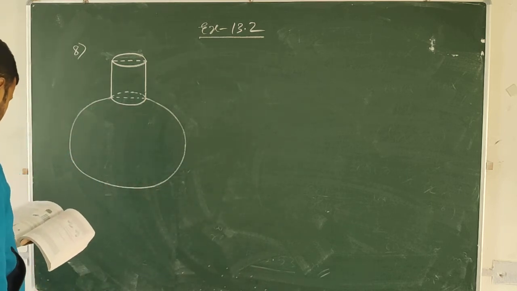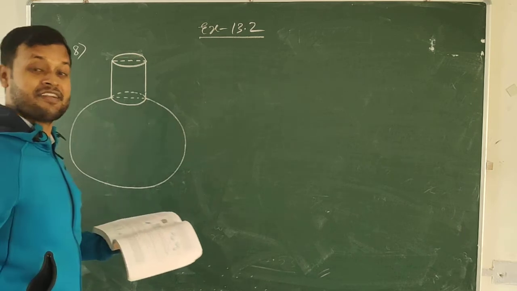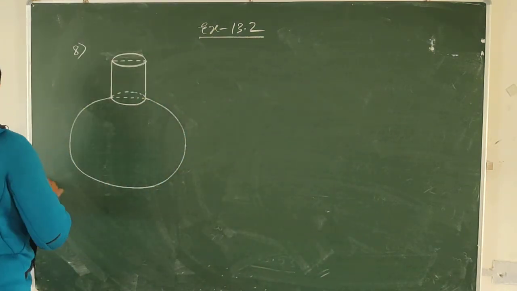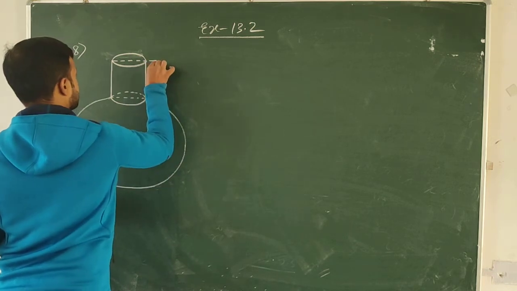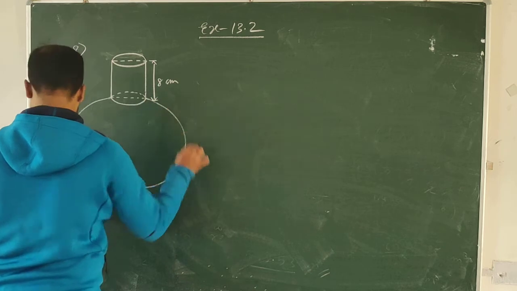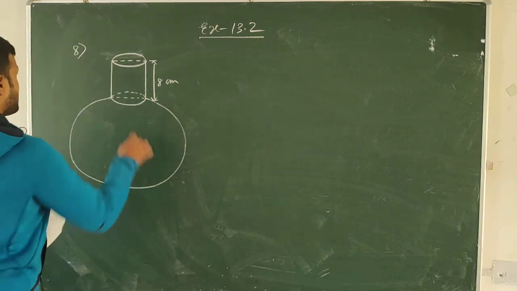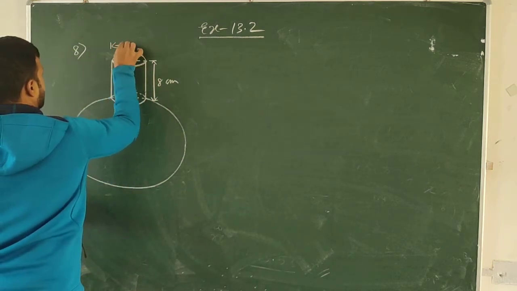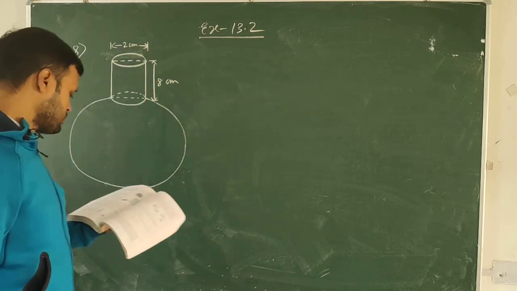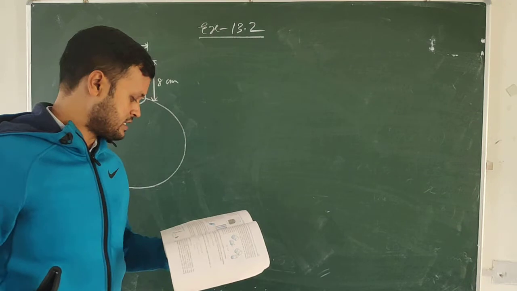So this is a spherical glass vessel with a cylindrical neck. The cylindrical neck is 8 cm long and 2 cm in diameter. The diameter is 2 cm, and the length of the neck is 8 cm.